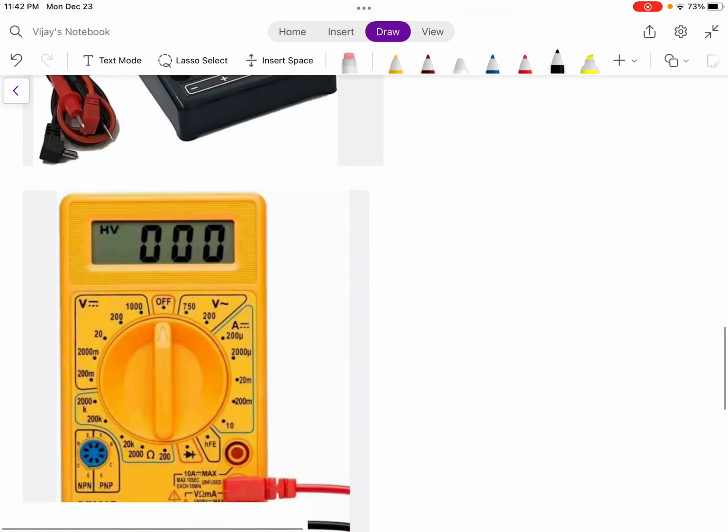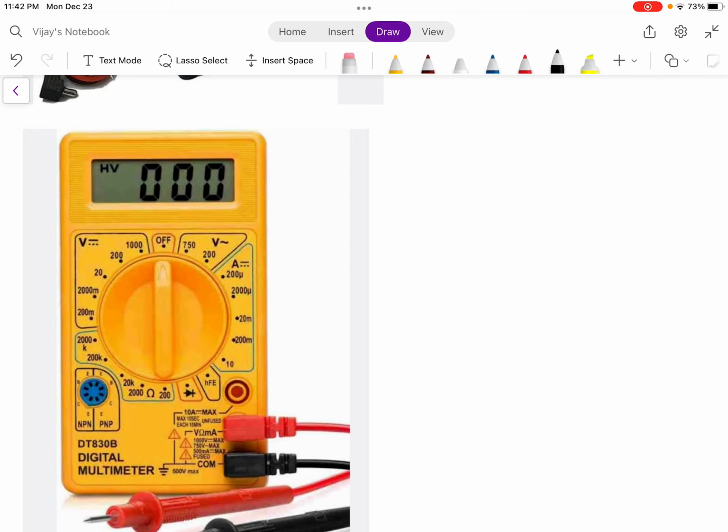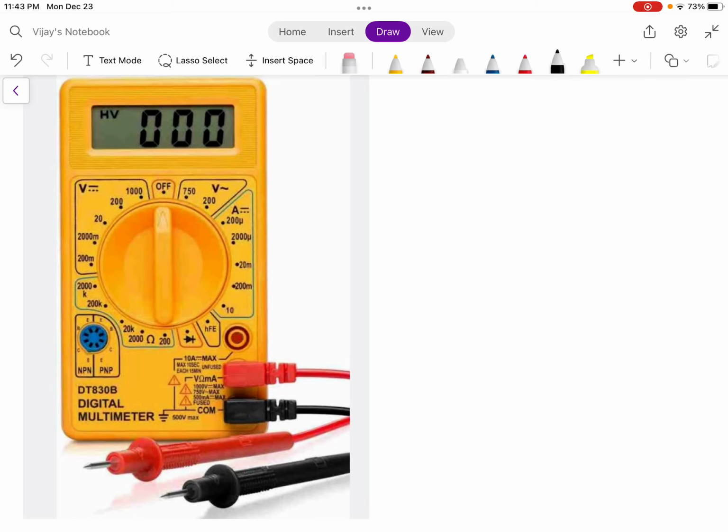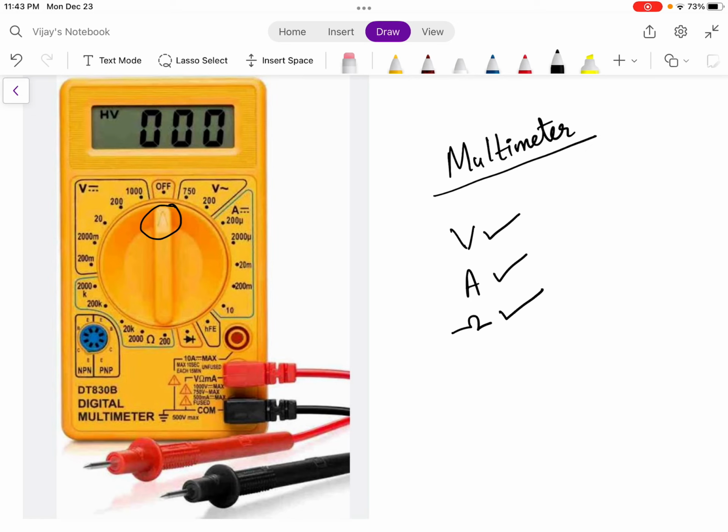But we have a device called a multimeter, which can do many things. The device which you are seeing on the screen is a multimeter. The name itself tells that it is a multi-purpose device. Now you can see an arrow here. If you place that arrow over V, you can measure voltage. If you place that arrow across A, you can measure current, ampere. If you place that arrow across ohm, you can also measure resistance.